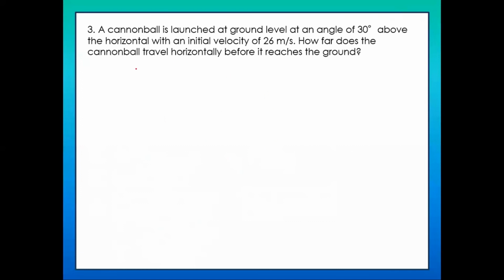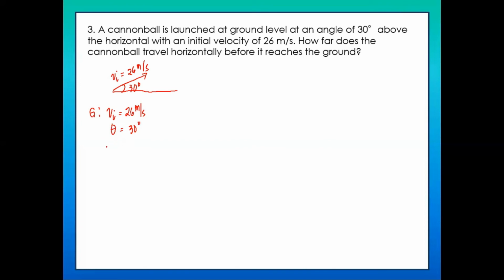Okay, let's illustrate. Imagine, class, that this is a cannonball, the arrow, at 30 degrees with this particular velocity of 26 meter per second. So given is your v sub I of 26 meter per second and your theta of 30 degrees.